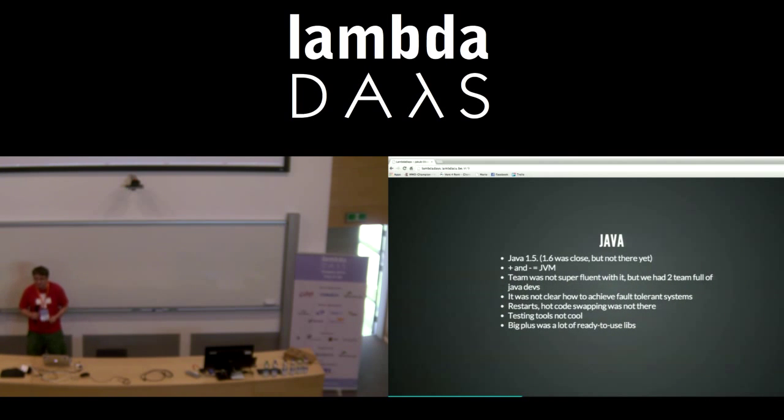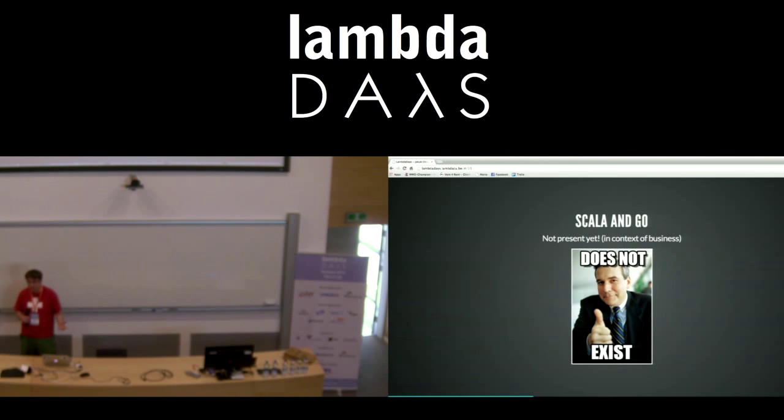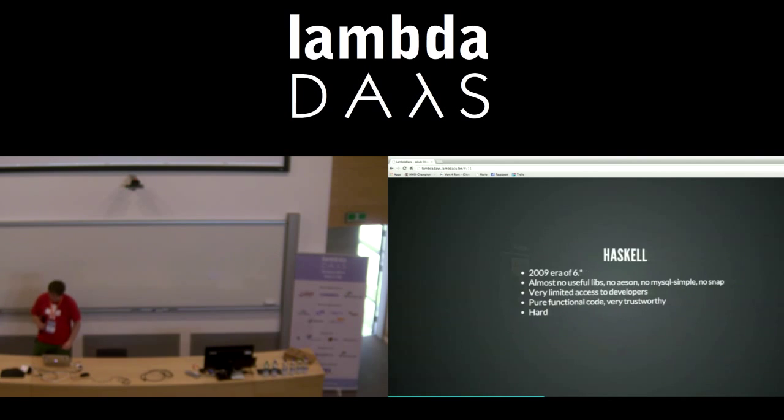So we had a second team that was working with Java, and they were building a different product. So there was not really anything that could be an incentive to move them to this project because they were occupied. And as we know, actually getting developers is not such an easy task. So Scala and Go were actually kind of out of scope because in 2009 nobody had tons of experience with them.